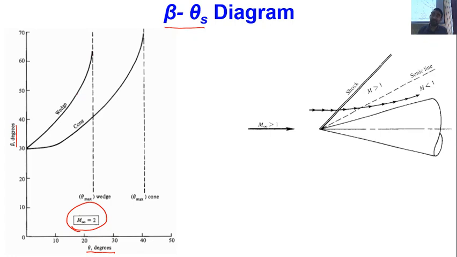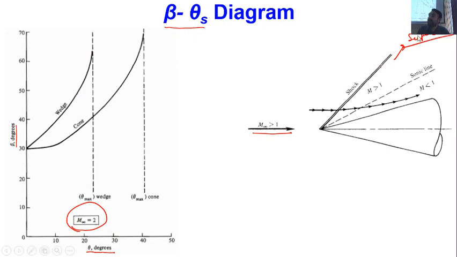Then one important point, which has a very clear distinction for almost all of the features we have studied. Here you can see this is your M infinity greater than 1. In case of flow over a cone, majority of the times you will find that the flow between the shock wave and the cone surface is fully supersonic.